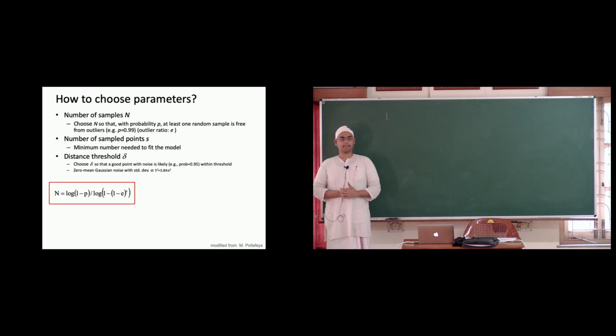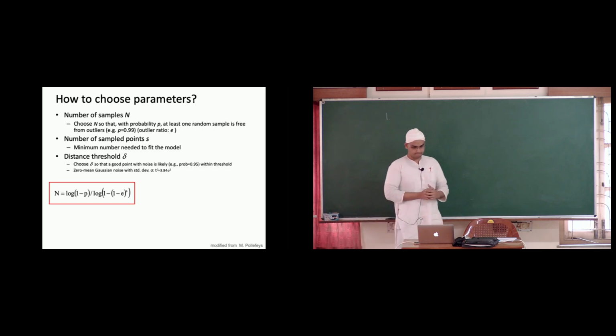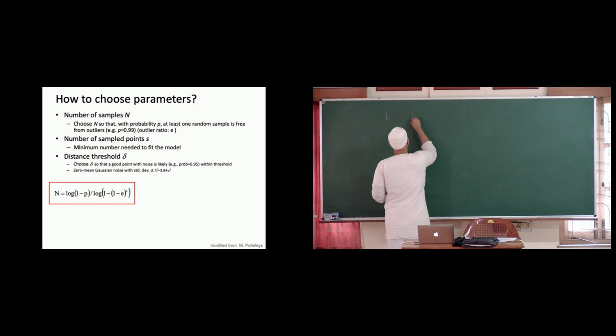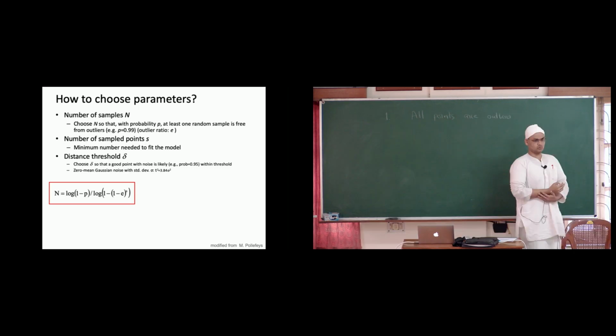And all of those points are outliers. You should write this thing too. The sample you have taken, all points are outliers. What is the probability?